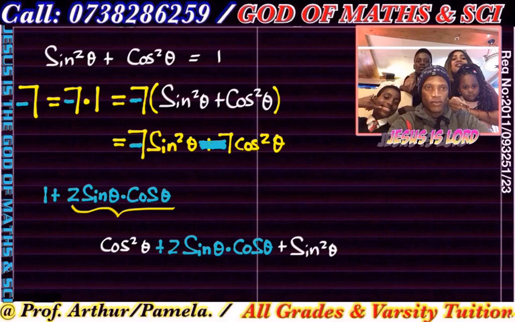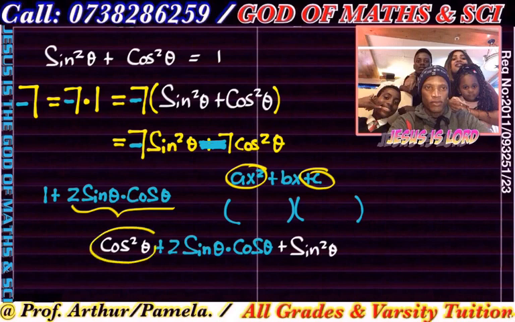So you can factorize this like a trinomial, like when you're working out something like ax squared plus bx plus c. Normally you open two pairs of brackets, you look for the factors of this one, and then you look for that one. So in our case, we're going to look for that one, and that one.